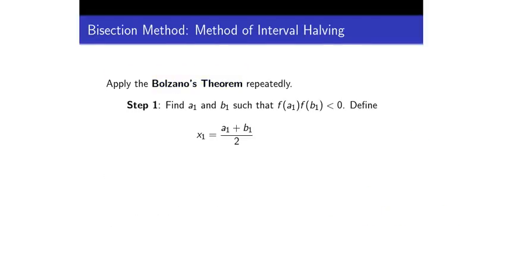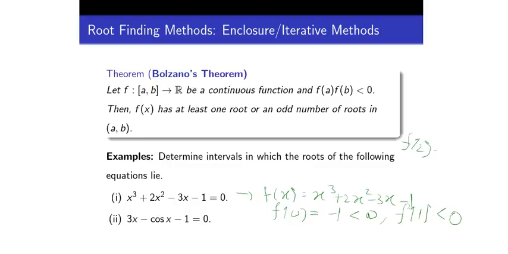It is equal to 2 cubed is 8, plus 8 is 16, minus 6 is 10, minus 1. So f of 2 can be seen as greater than 0. So the root will lie in the interval (1, 2).